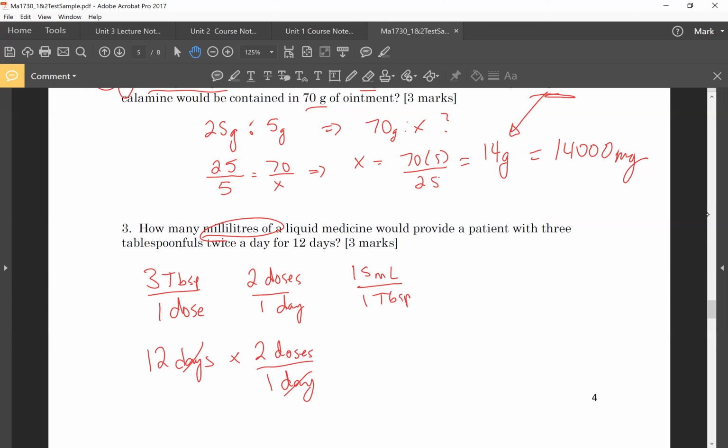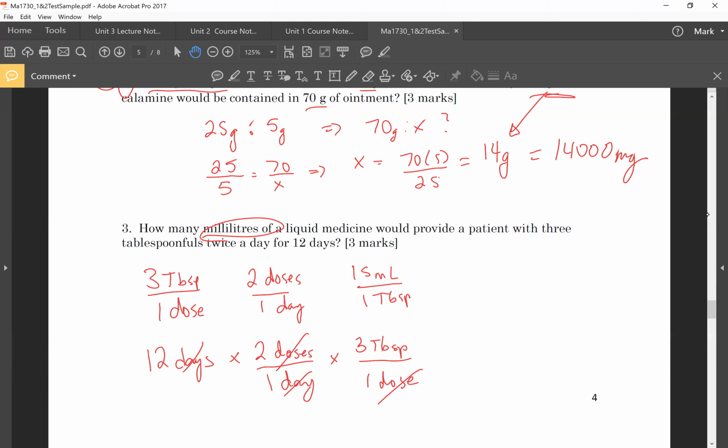A dose is just every time you take the medicine. But I can't stop here because, well, how many milliliters are in all of these 24 doses? Well, I do know that each dose, they're going to take 3 tablespoons every time they take a dose.